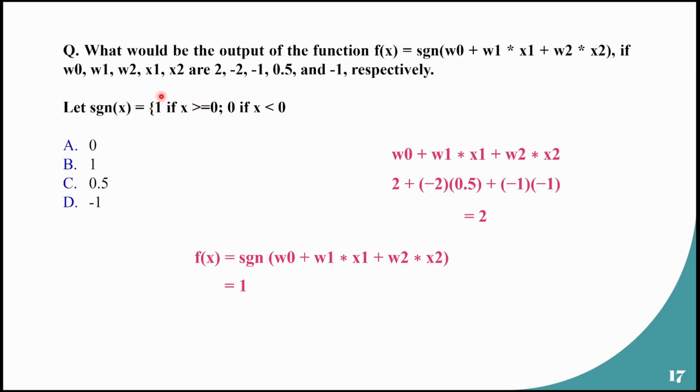Since the value is 2, the value of SGN(x) will be 1. So that means the value for f(x) is 1. Just applying the condition that is given here, we get the value of f(x) to be 1.